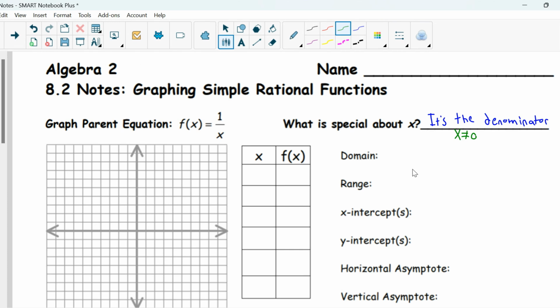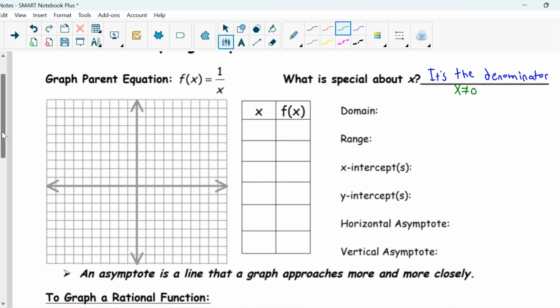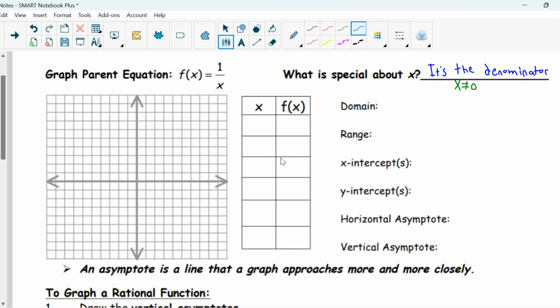So just like with all of the other graphs that we've done in this class, let's go ahead and create a table quick. So for x values, once again, you can select any that you'd like. I'm going to choose -3 through +3. Oh, and I'm actually going to put 0 in the middle here, since as we said before, x cannot equal 0.